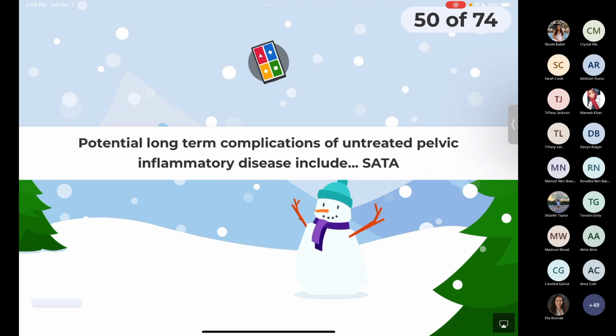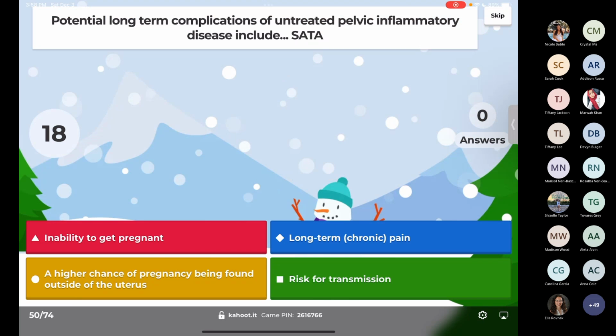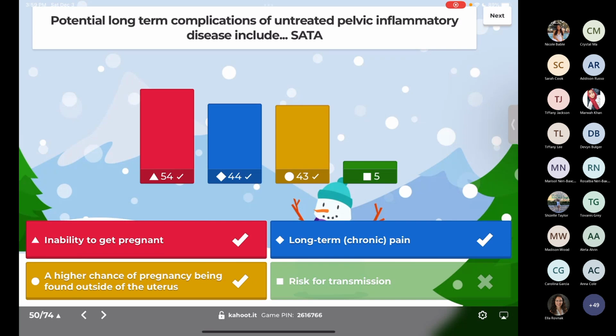Potential long-term complications of untreated pelvic inflammatory disease include, select all that apply. Good job, guys.